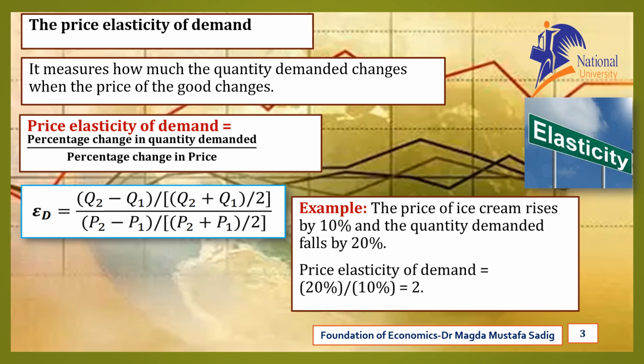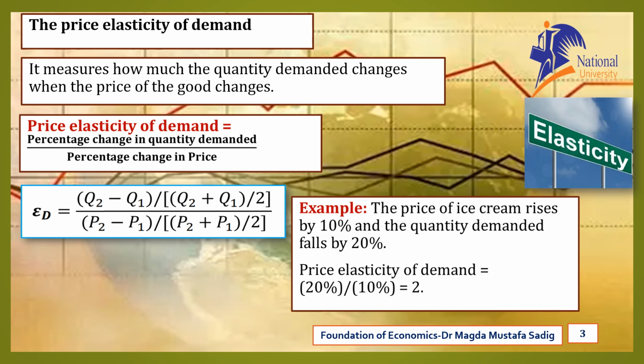Let us see the equation for price elasticity of demand, where ED equals the percentage change in quantity demanded divided by the percentage change in price. And so price elasticity of demand, or ED, equals the percentage change in quantity demanded divided by the percentage change in price. The percentage change in quantity demanded is how much the amount people buy changes, expressed as a percentage.